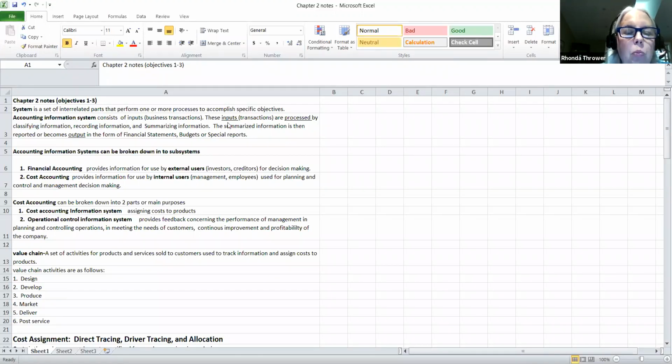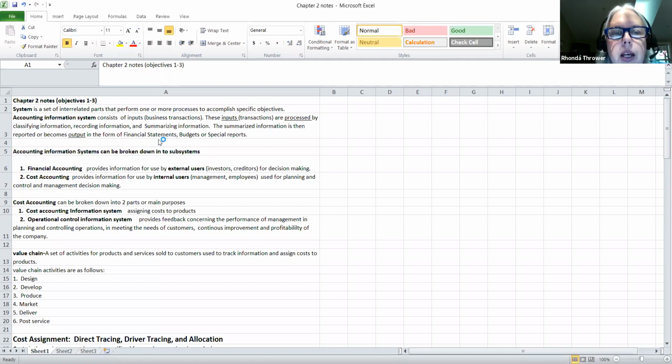And these inputs or business transactions are going to be processed. Process means that we're going to record these transactions in the journal. We're going to put them in a ledger. We're going to summarize the information in the ledger. And then finally, we're going to report this information as output. Usually it's in the form of financial statements.